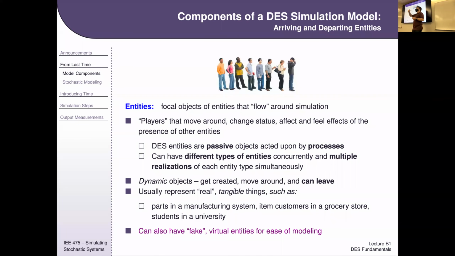So this entity is constantly being recycled in the system, and every time it recycles, it switches the state of the traffic light. This isn't a real entity in the real world, but it is convenient for us to model an entity in doing that toggle. So sometimes we have to think about virtual entities when we build these models, but for the most part, these will be real things that are flowing around real systems.